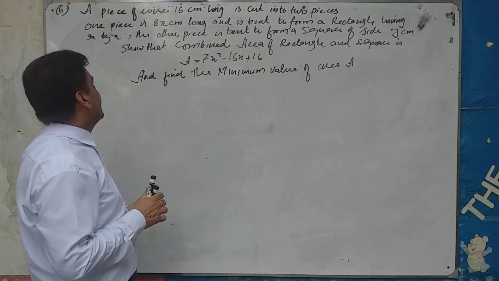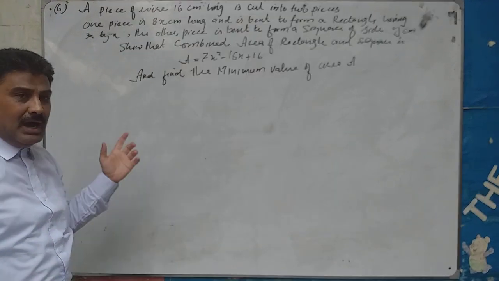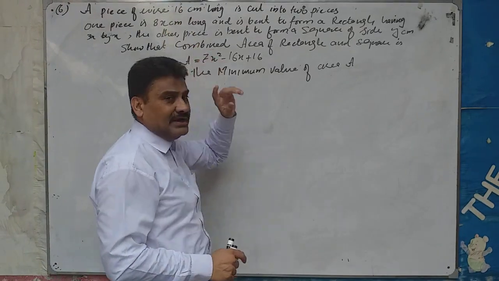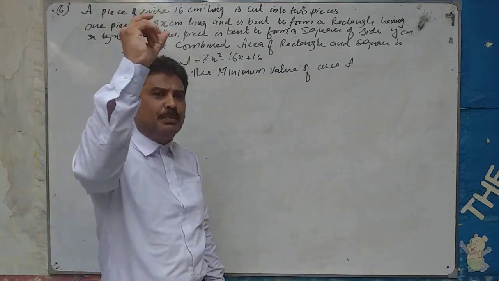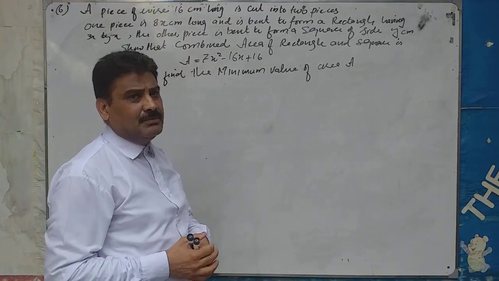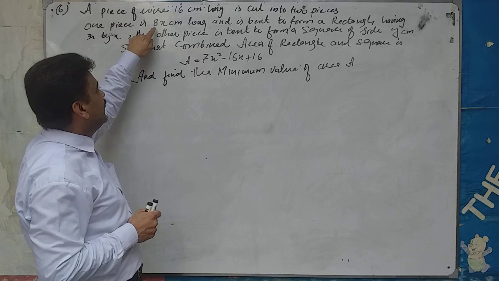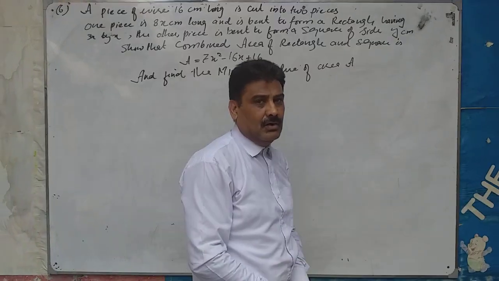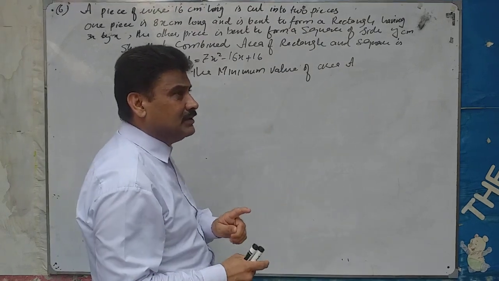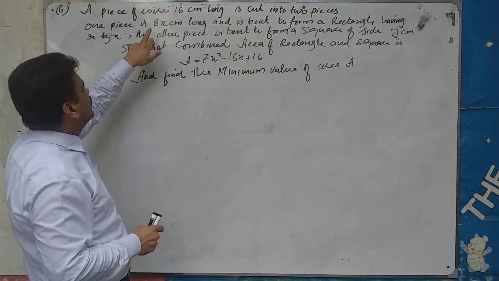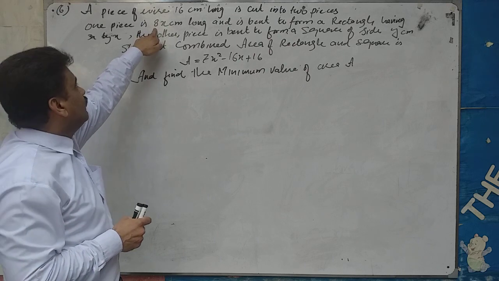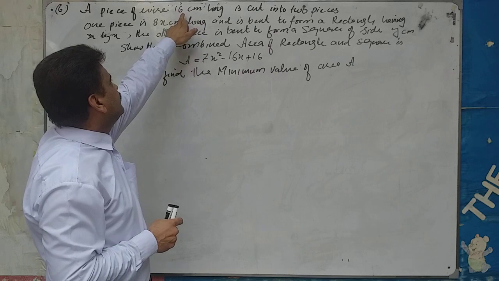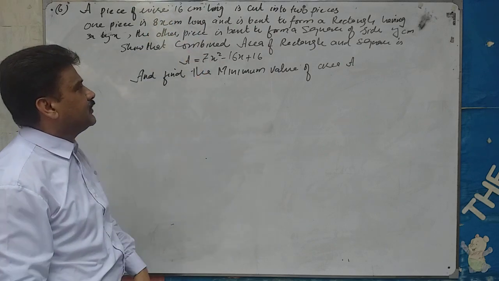We have a simple problem. We have a piece of wire having its length 16 centimeter. We cut it into two pieces. One piece having length 8x centimeter is given, while the length of the other piece is not given. We know that the length of the other piece will be total length minus the length of one piece, which is 16 minus 8x.